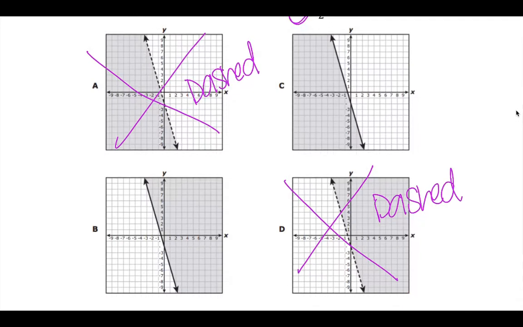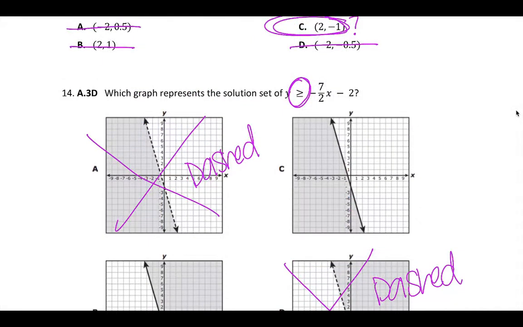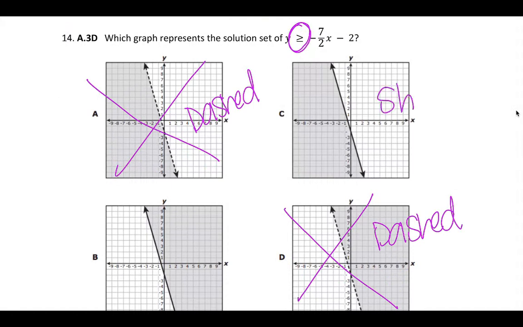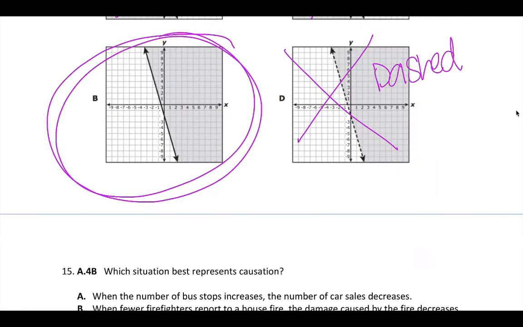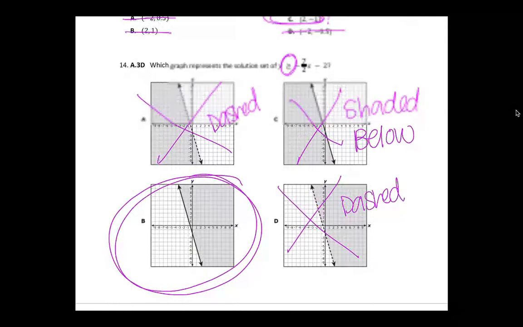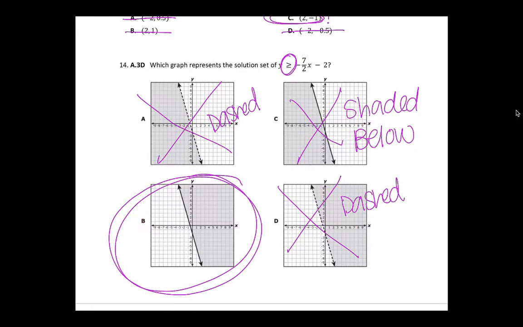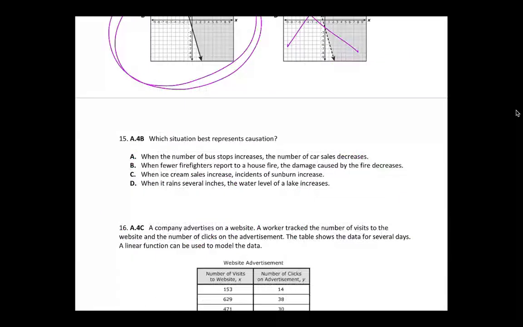Then these two are shaded differently. I need to be shaded above. C is shaded below the line. So C's out. So B is the only one left. So without doing any work, just looking at the sign, I know. That's what I do first to see if you can eliminate anything.